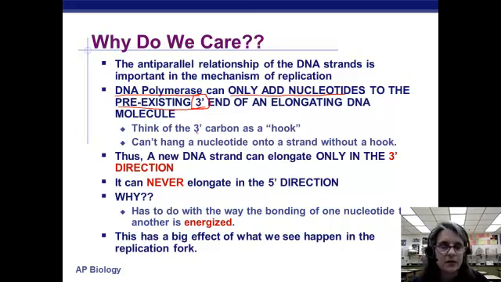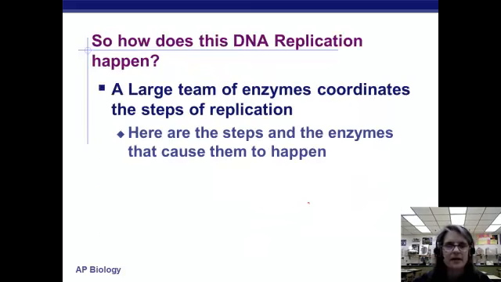The enzyme can't work that way. So what we need to do is think of 3' carbons as hooks for other DNA molecules, and we can't hang a nucleotide onto the DNA without a hook. So DNA can only grow in the 3' direction, never, ever in the 5'. Okay? And that is going to matter.